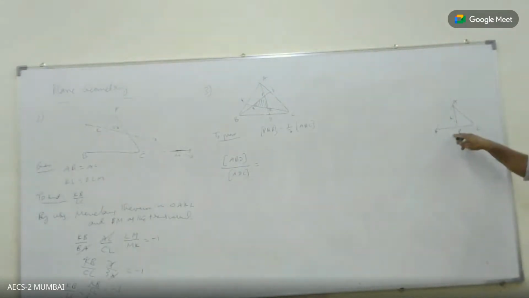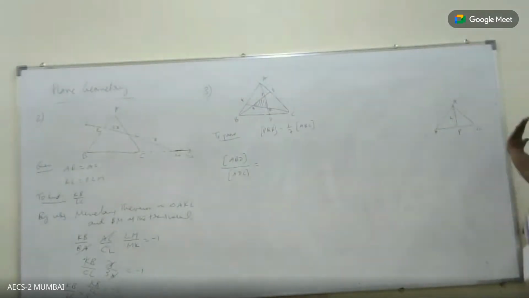This BP by PC only will come. In a triangle, a cevian divides it into two areas. The ratio of the areas is equal to the ratio of the segments. Area of this by this equal to this side by this side. That is how your median works.